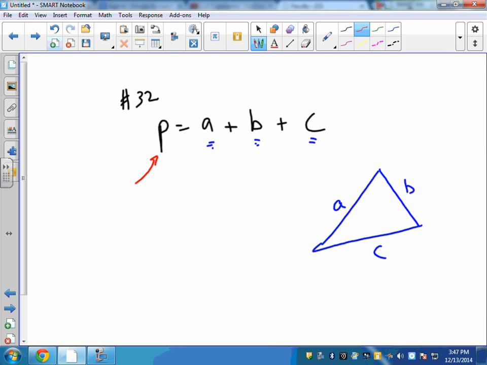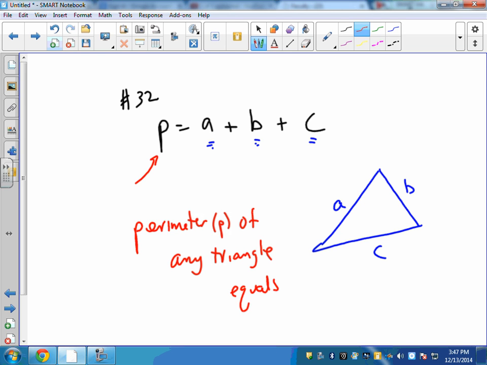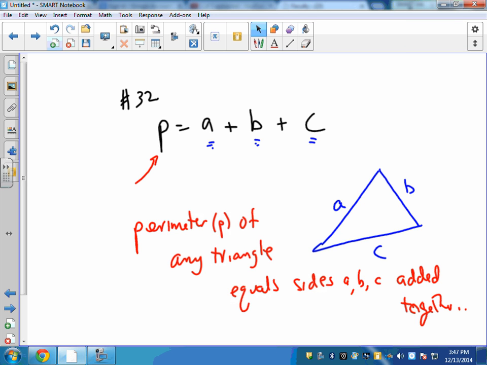The distance around, right? So this is the perimeter P of any triangle equals sides A, B, and C added together. So there's an explanation for 32.